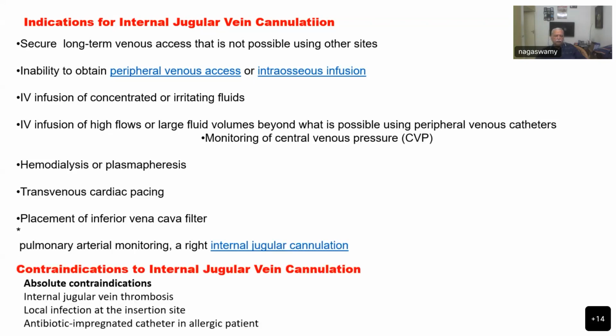Contraindications, of course, you can divide them into absolute and relative contraindications. The absolute are IJV thrombosis, local infection, and antibiotic impregnated catheter in an allergic patient.